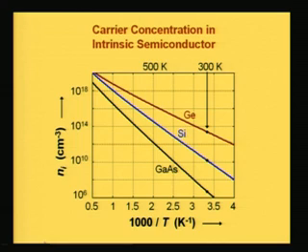So if you plot the concentration, the measured value of this particular parameter on a log scale as a function of the reciprocal of temperature, then you get a straight line.